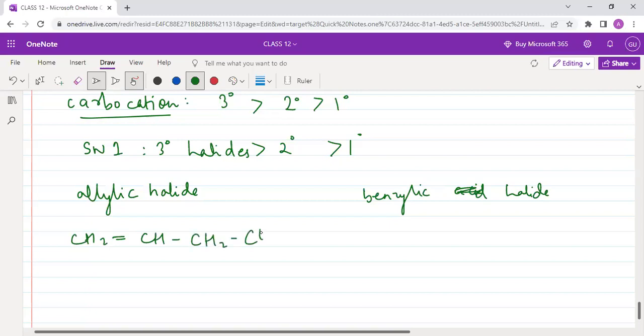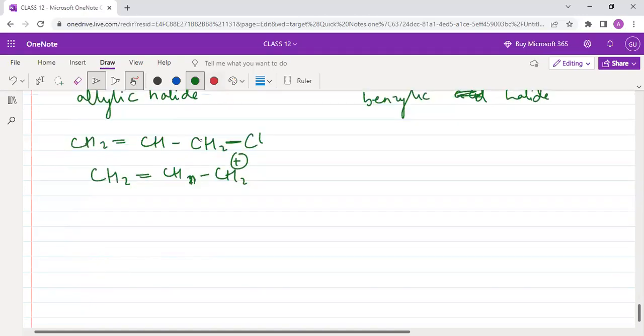This type was allylic halide. Now if this bond gets cleaved, what will be formed? CH2=CH-CH2 positive. So this is called the allylic carbocation.